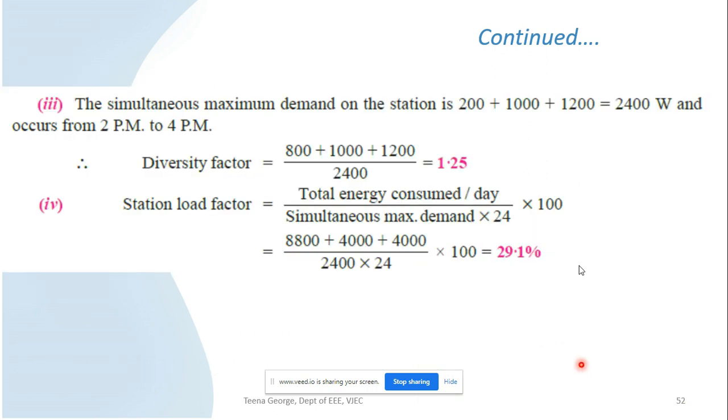Divided by maximum demand 2400 into 24. We will get the station load factor as 29.1 percent.